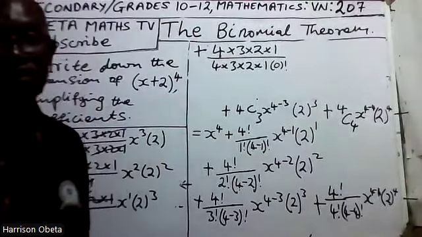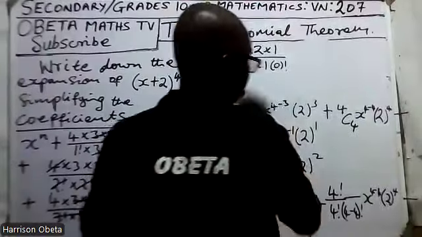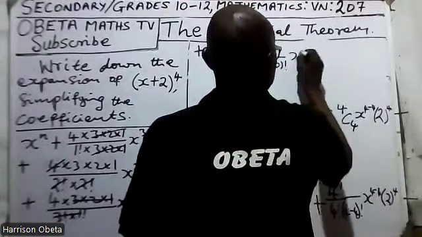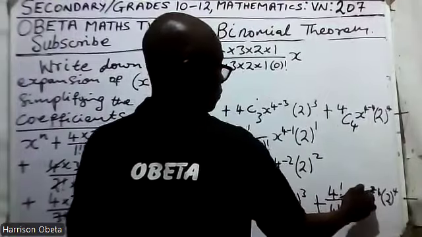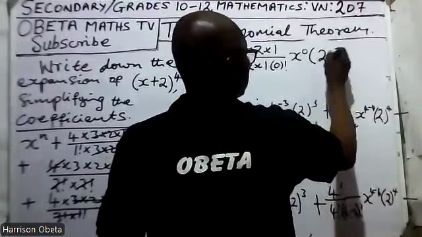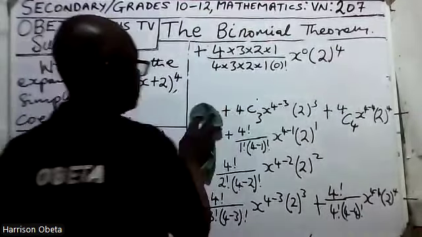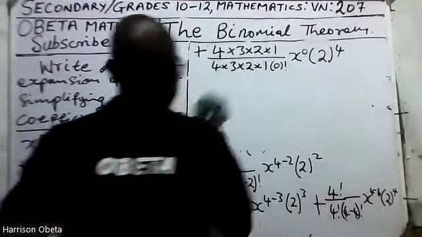Remember that I said 0 factorial is 1. You can check it from the calculator. So then x raised power 4 minus 4, that is 0 into 2 raised power 4. So if you carry out the whole thing, you bring out the answers.